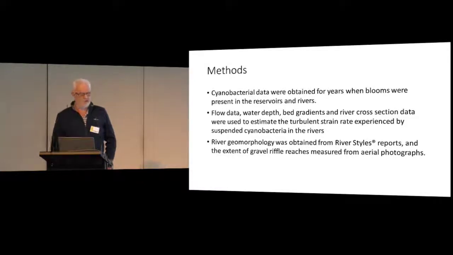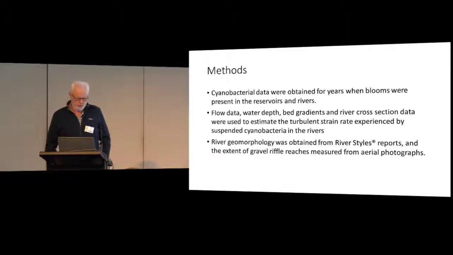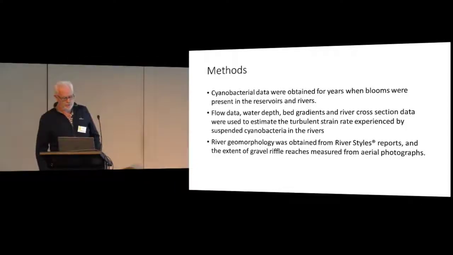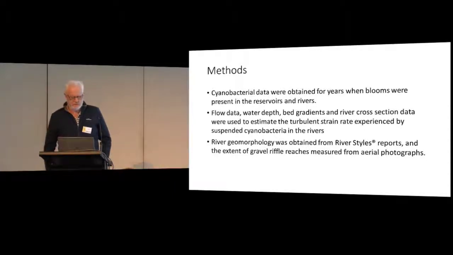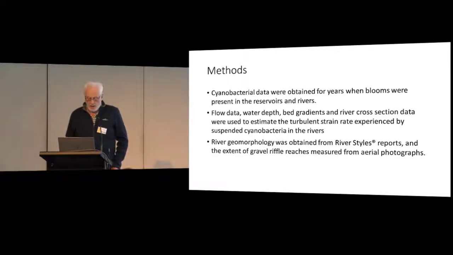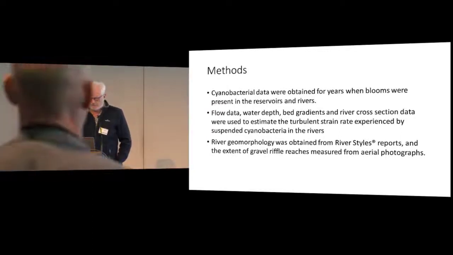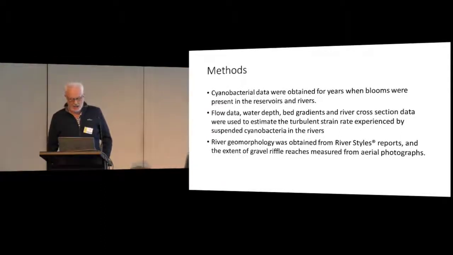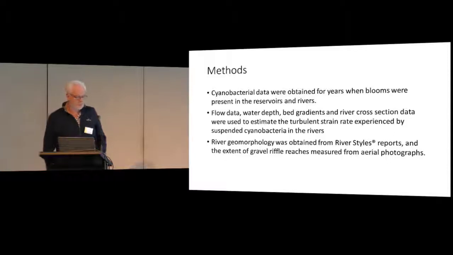We obtained cyanobacterial data for the years when blooms were present in the headwater reservoirs and also the rivers. We obtained flow data, water depth data, the bed gradients and river cross-section data, and these were used to estimate the turbulent strain rate experienced by the suspended cyanobacteria in the water.